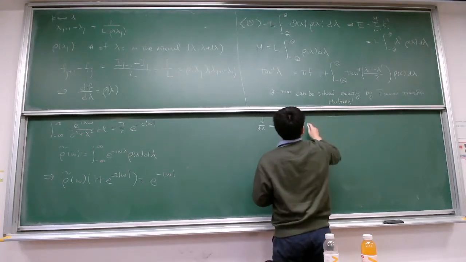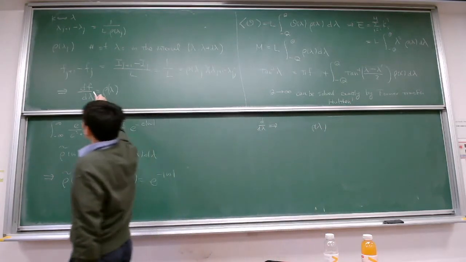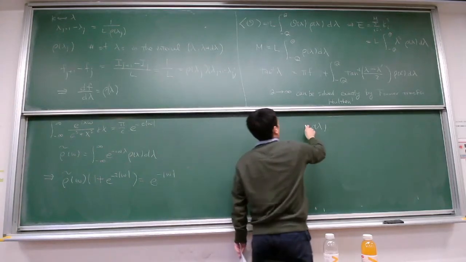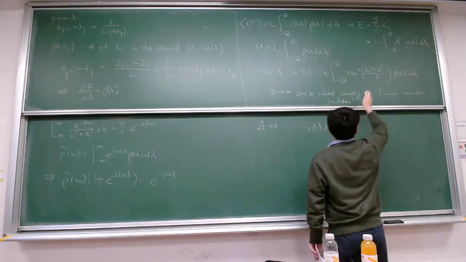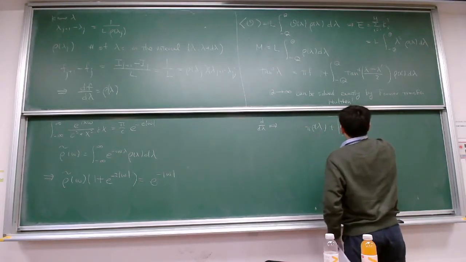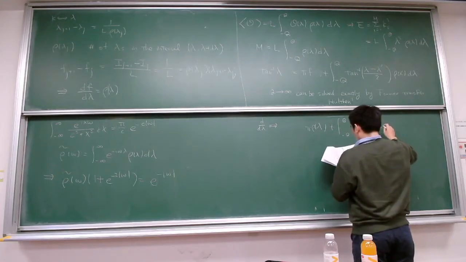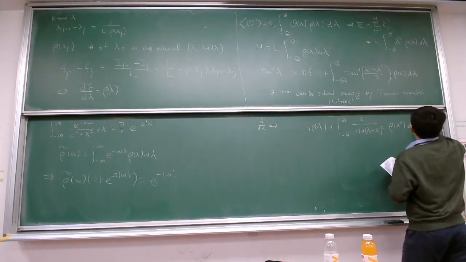So from here you have a rho lambda. If you take the derivative with respect to lambda, you get pi times rho lambda. And then this one, the derivative with respect to lambda, will give you the following: q over pi, 2 over 4 plus lambda minus lambda prime squared, rho lambda prime d lambda prime.